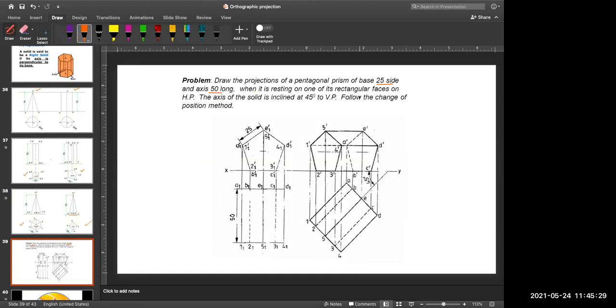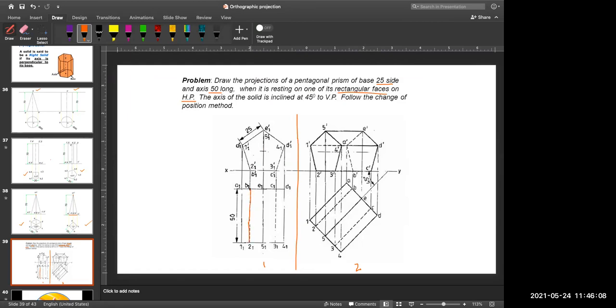When it is resting on one of its rectangular faces on the horizontal plane, the axis... So in the first figure, suppose this figure I divide in two parts. This is your first part and this is your second part. In the first part, you can see that this pentagonal prism is resting on your horizontal plane on one of its rectangular faces on HP.